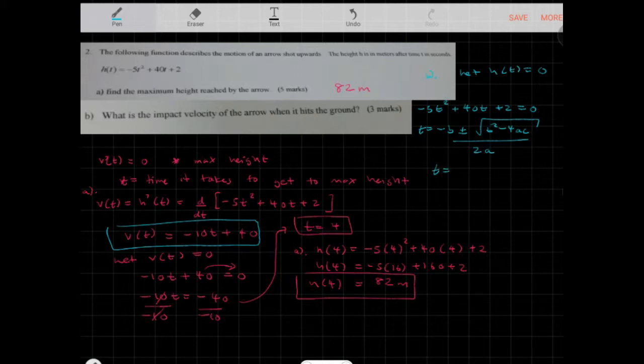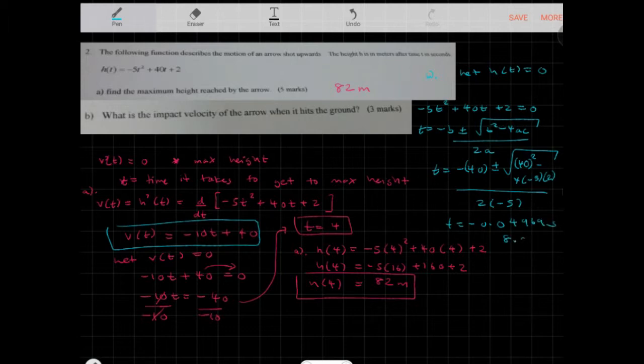Plugging in, we get negative 40 plus or minus the square root of 40 squared minus 4 times negative 5 times 2, over 2 times negative 5.